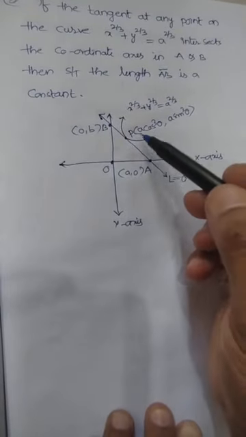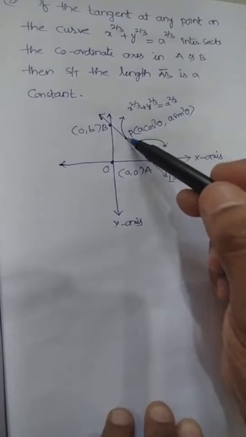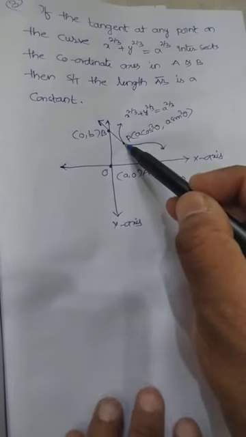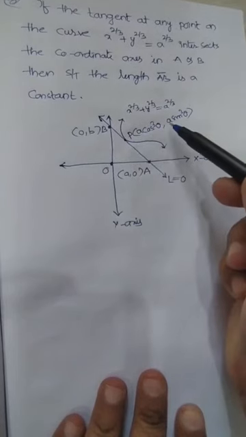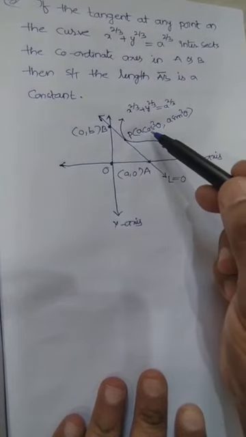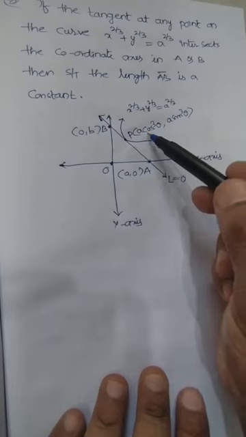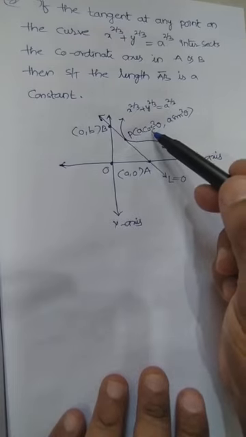A small difference is that in our previous problem, at any point we took a point P(x1, y1), but in this problem we are taking the point in parametric form.